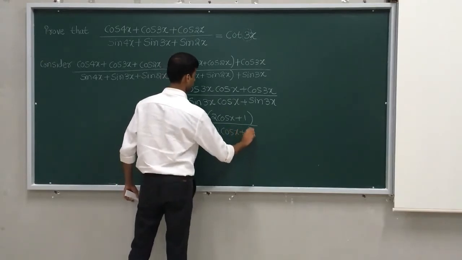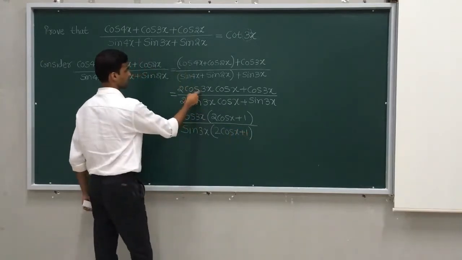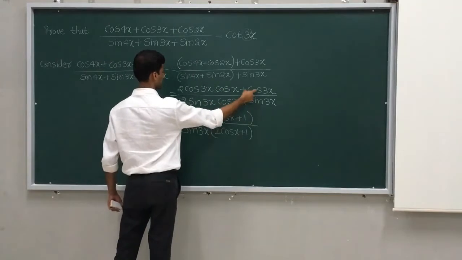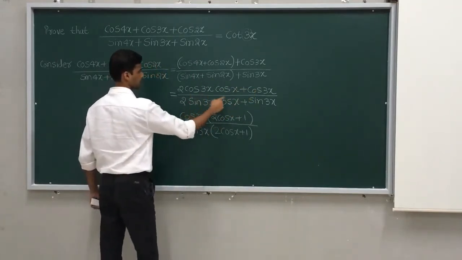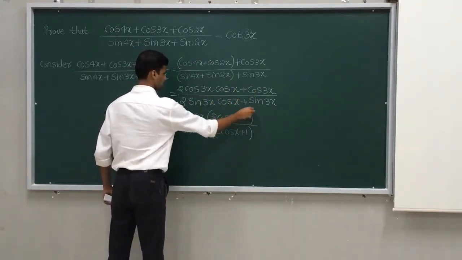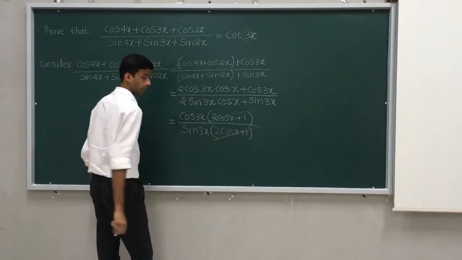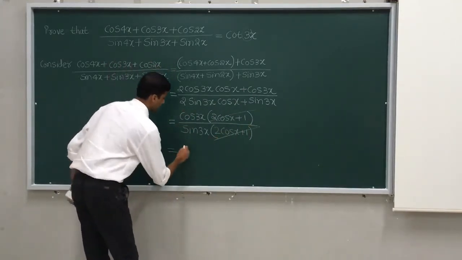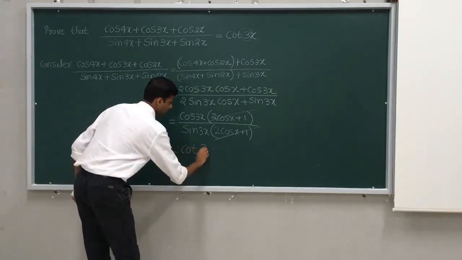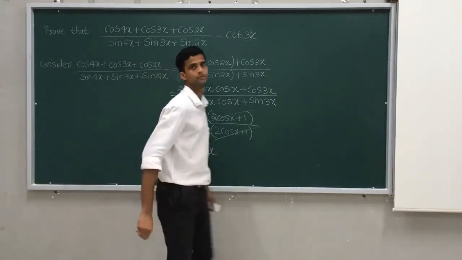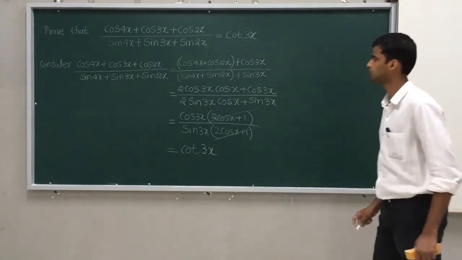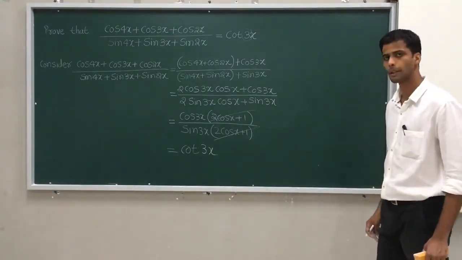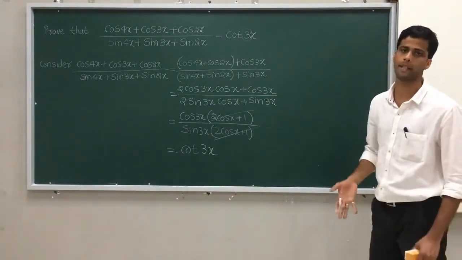The factors 2 cos x plus 1 cancel. Cos 3x divided by sin 3x, as per the expectation, is cot 3x. So it is possible because of our right choice of the pair.